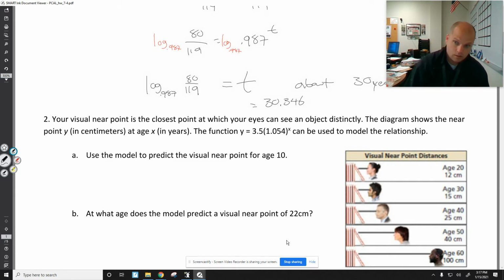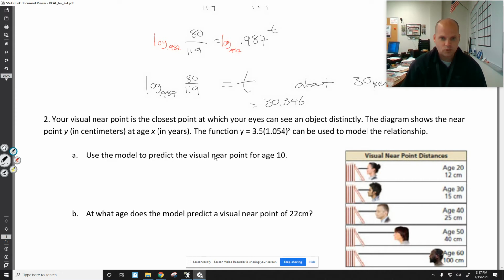But me, not being 20, I have to be further back. It's the whole reading glasses thing. Why do we need reading glasses? When you're 60, you want to be able to read a book, but you can't distinctly see it, I guess that's the reason. But anyways, you get an equation. Great.